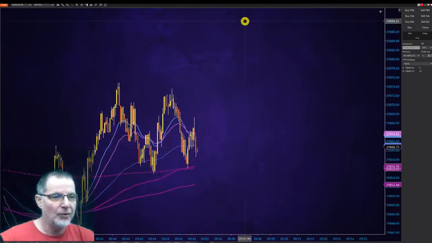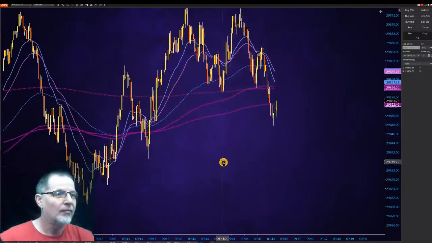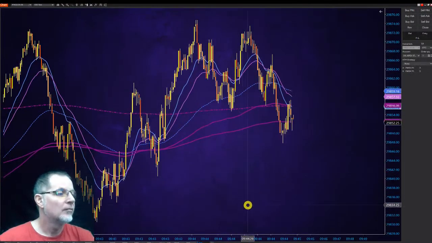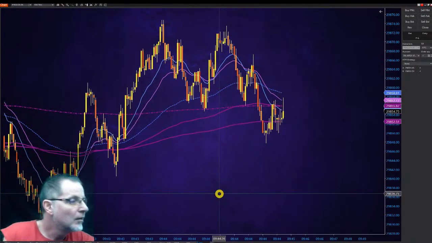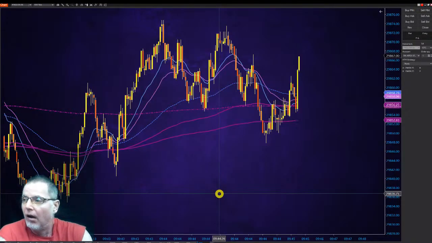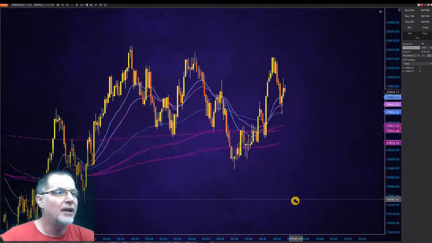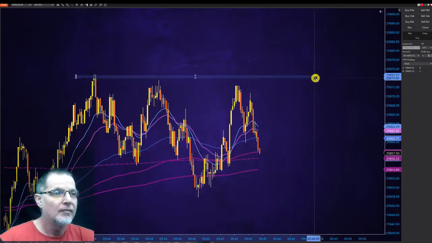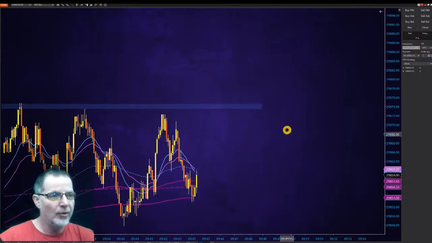It's got to have an explosive move up and then a pullback into the moving averages. Okay, too flat. So you want it to take this area out up here. Big explosive move, and then we'll look for a pullback.